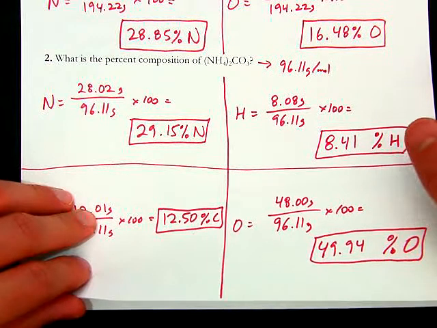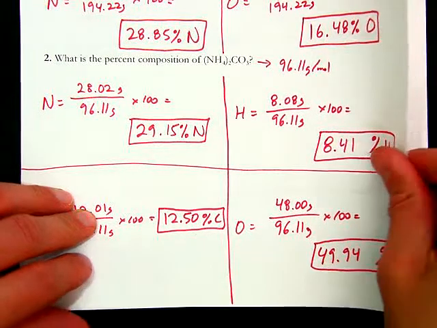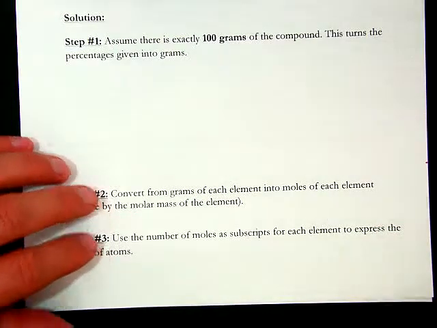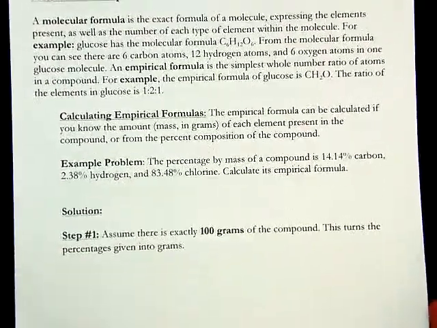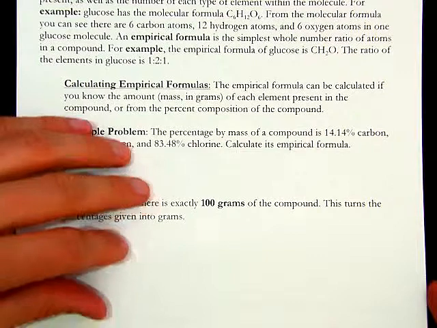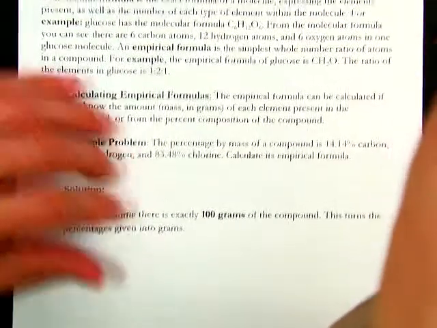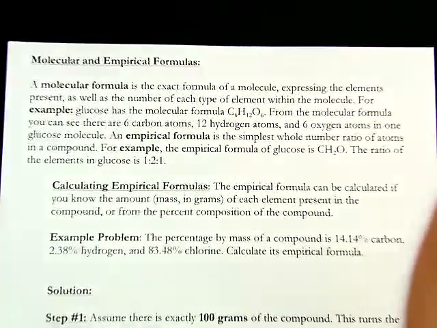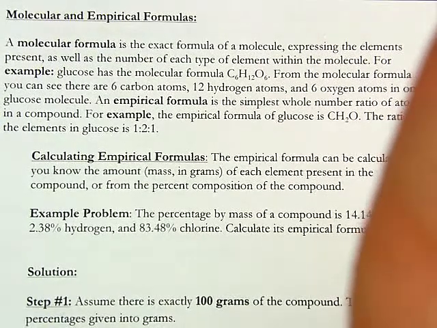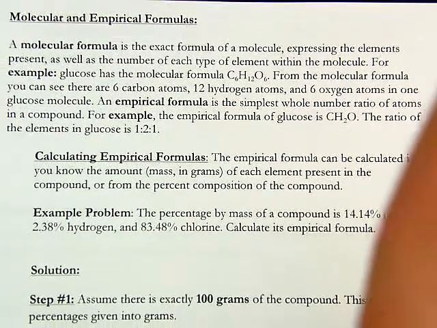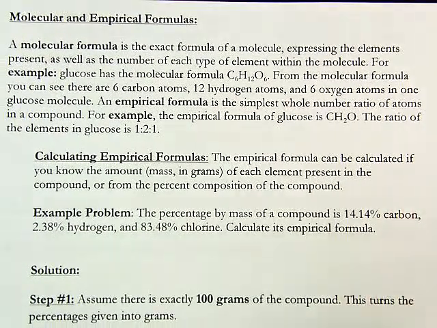It's pretty straightforward. So next we're going to do molecular and empirical formulas. We're going to start with empirical formulas, okay? But first we have to talk a little bit about some of the vocab that goes with it. A molecular formula is the formula that tells you exactly how many of each type of element you have in a compound, right?